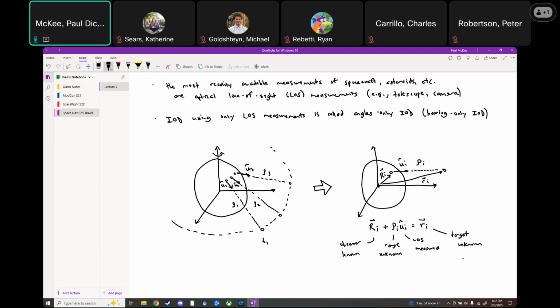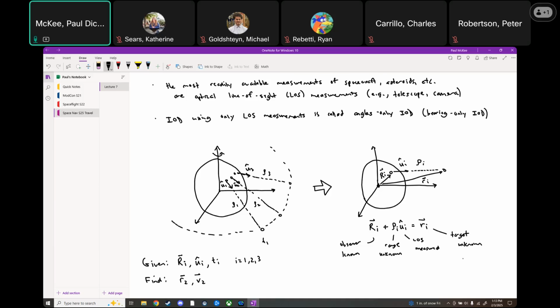The problem is, given R_i and u_i and a time, where i equals 1 to 3, find r2 and v2. Because remember, if you have your corresponding position and velocity, that is your full state, that is your orbit elements as well.